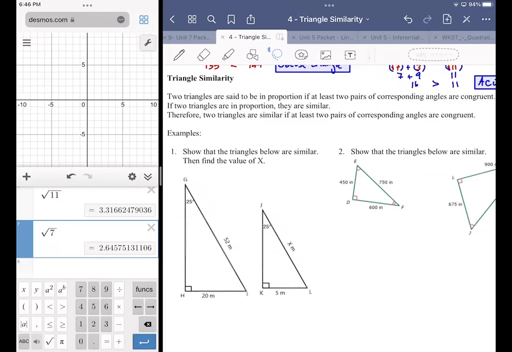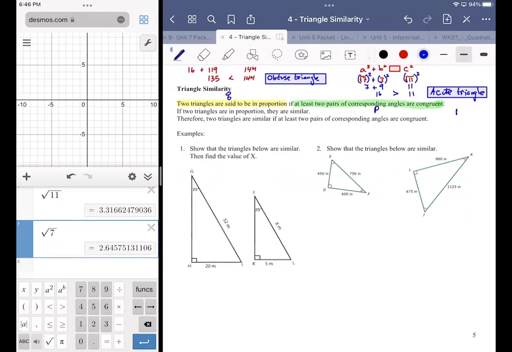Two triangles are said to be in proportion if at least two pairs of corresponding angles are congruent. So that would make this my premise: at least two pairs of corresponding angles are congruent. I can call that P for premise. And then this would be the conclusion. It's written backwards, but this is saying P implies Q. If two triangles are in proportion, they are similar.